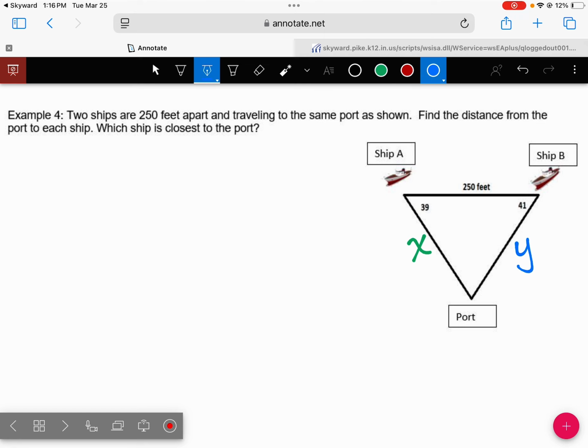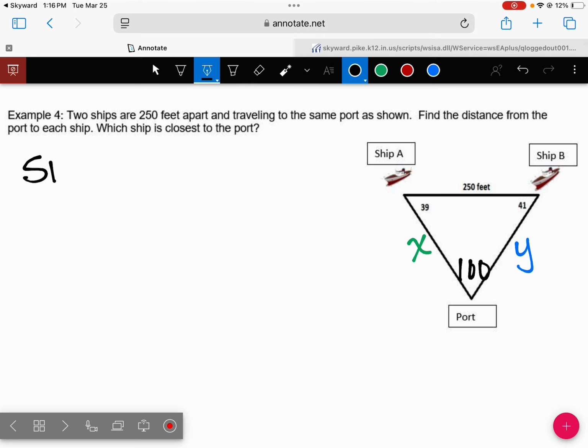I only know one distance, which is 250. I need to know the angle at the port, and how do I find it? Take 180 minus 39 minus 41, and that should give you 100.